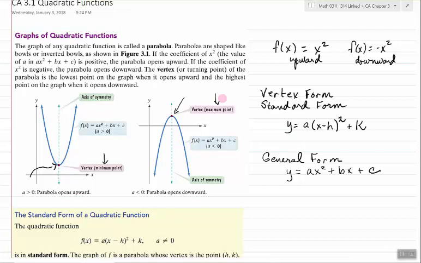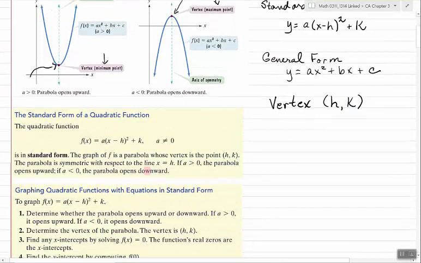We'll talk more about that. The vertex, let me just write it over here. Right, the vertex is a point, but it gets special letters H and K. So remember, H is the x coordinate specifically of the vertex, and K is the y coordinate specifically of the vertex.